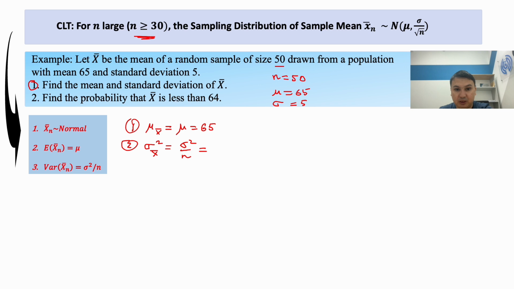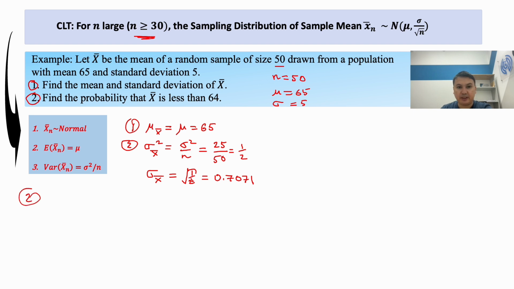Sigma squared is 25, n is 50, so that gives me 1 over 2. Hence the standard deviation of the sample mean is the square root of 1 over 2, which is 0.7071.